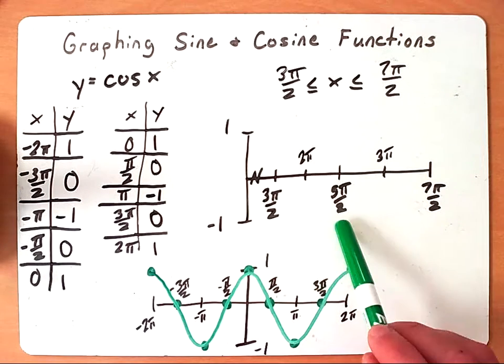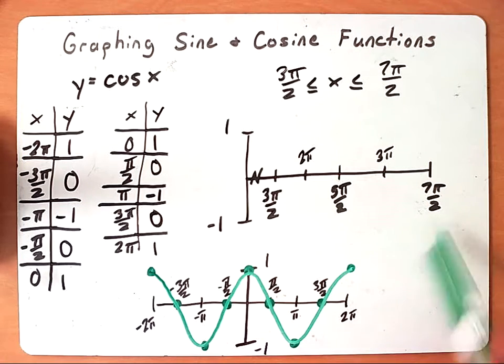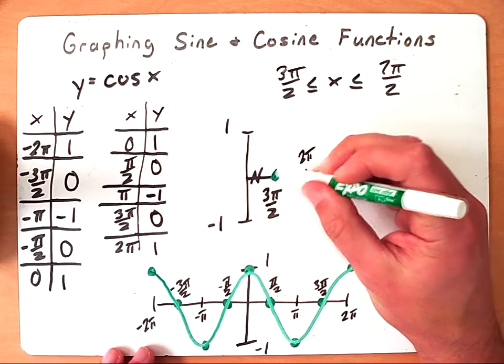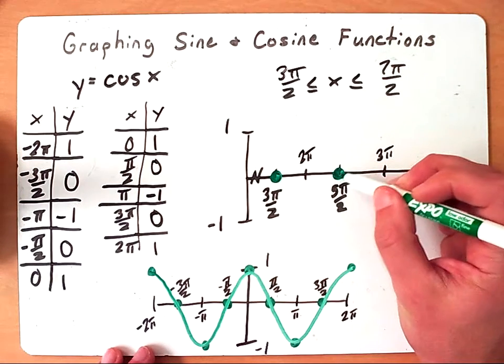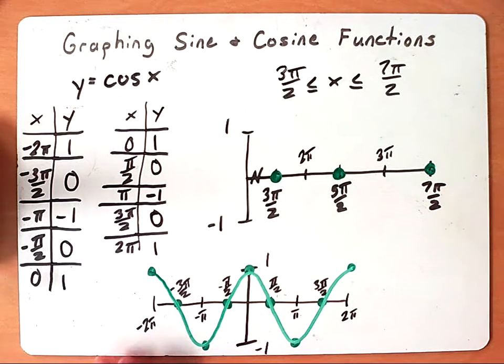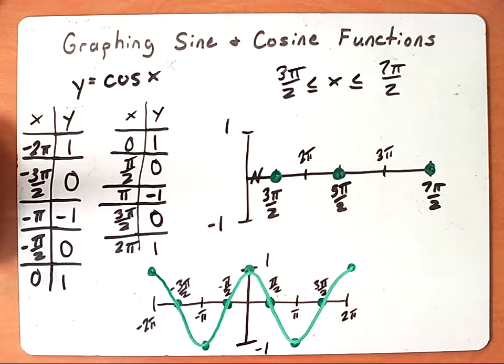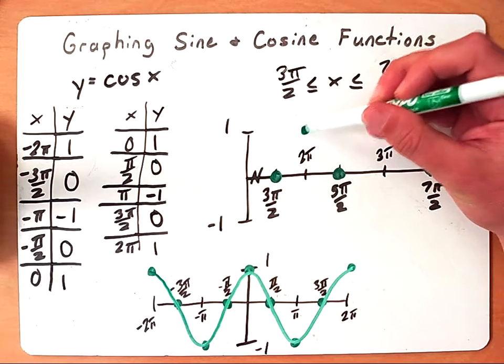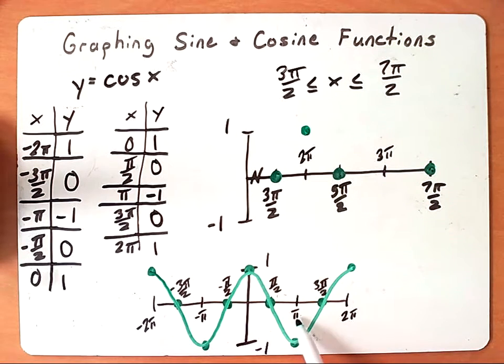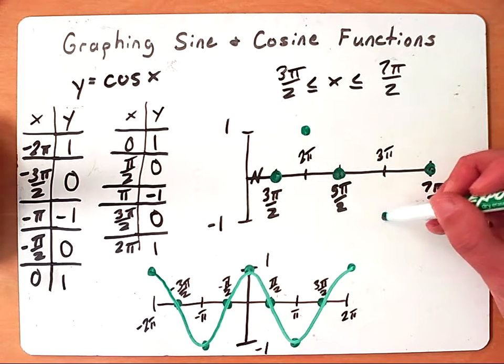So at each one of these fractions here, this graph will be at the x-axis. Then for this graph, we just need to determine when it's going to be up and when it's going to be down. Well, in this case, it's kind of easy because this graph includes 2 pi, which is on our graph. So we would see that at even numbers, we are going to be at our maximum, and then at odd numbers like 1 or negative 1, we will be at our minimum.